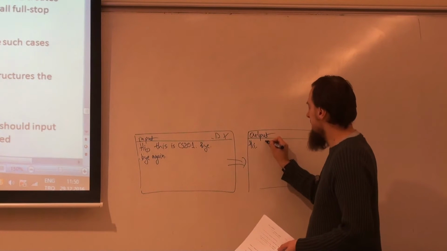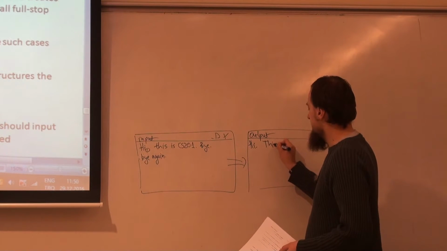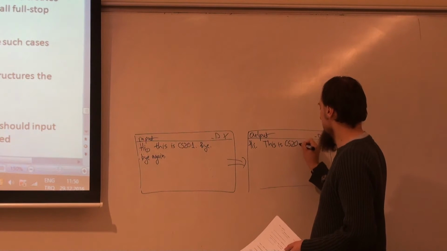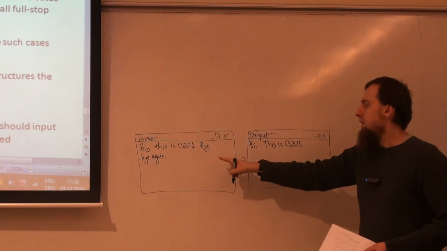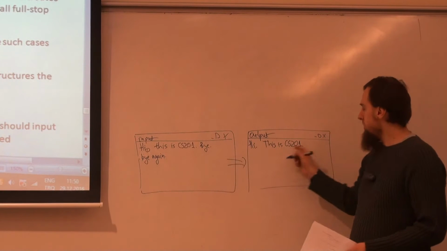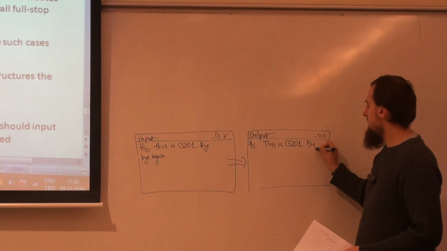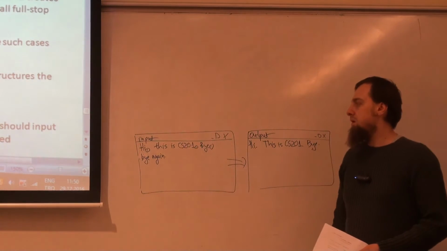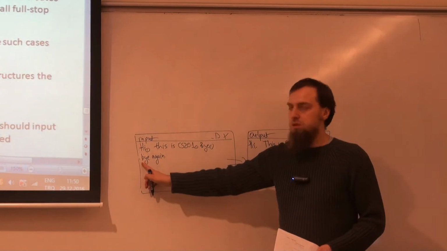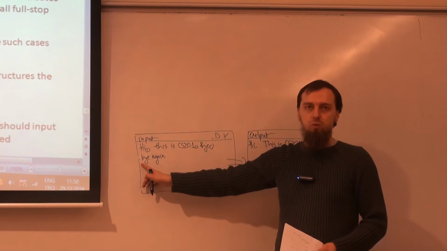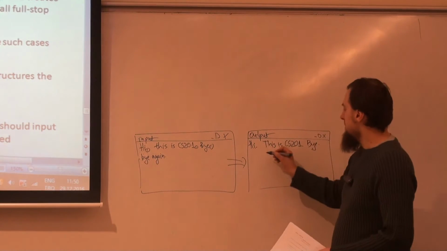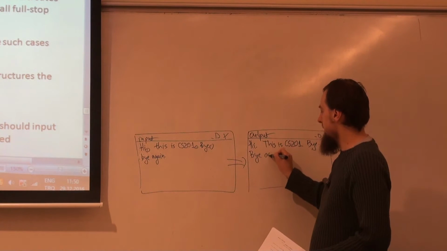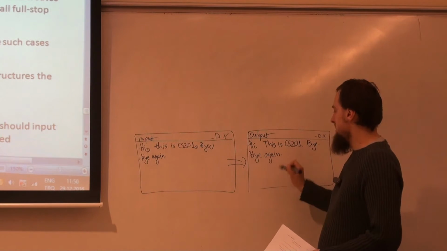So, hi, this is CS201. If it is already an uppercase letter, it should remain like this. By, we have a dot here, a full stop. We go to a new line, we see this b is also lowercase. We are converting it to uppercase: By again. This is it.